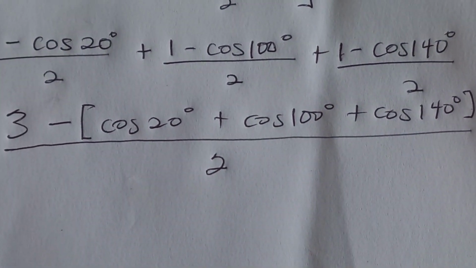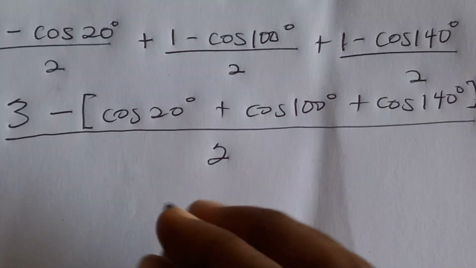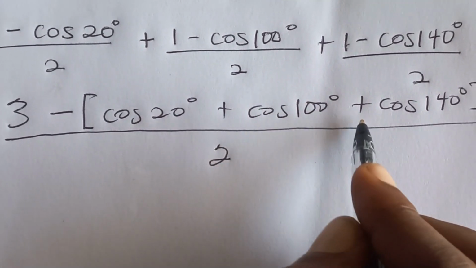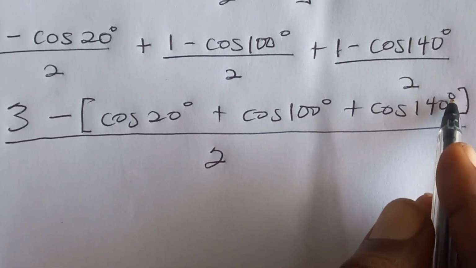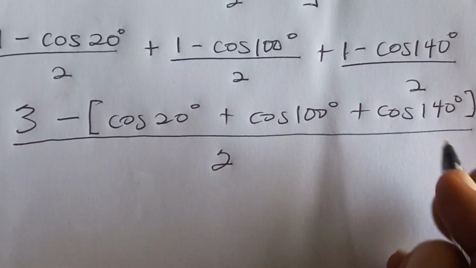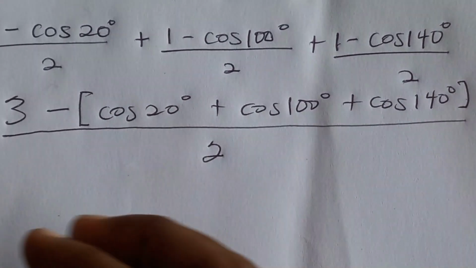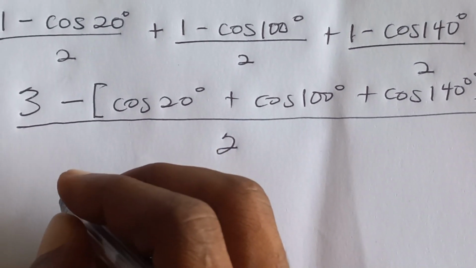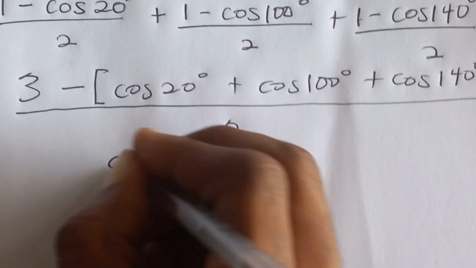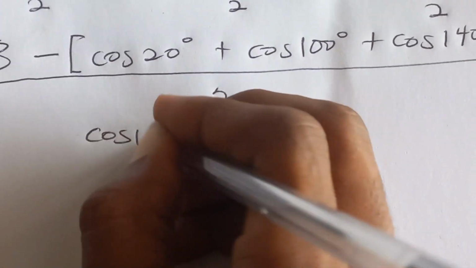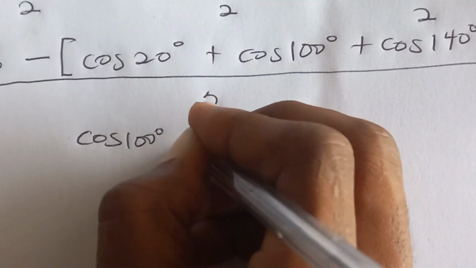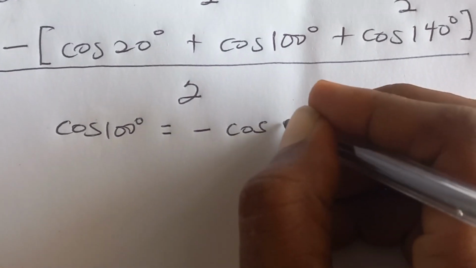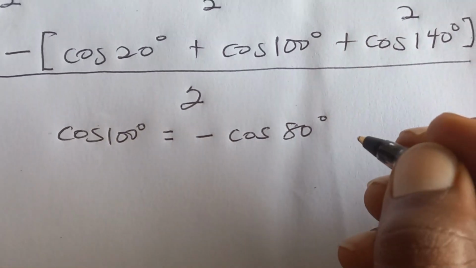But then we know that cos 20 degrees plus cos 100 degrees plus cos 140 degrees, we can change it in the alternate angle. So you can say that this cos 100 degrees can be equal to negative cos 80 degrees.